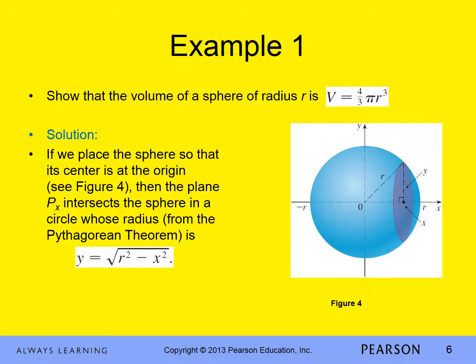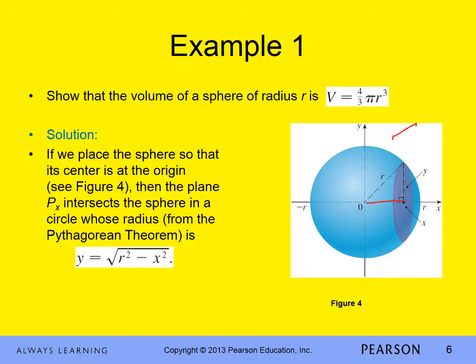The plane P of x is going to cut this sphere in a circle that has radius, from the Pythagorean theorem, y equals the square root of r squared minus x squared, right? Because a squared plus b squared equals c squared.